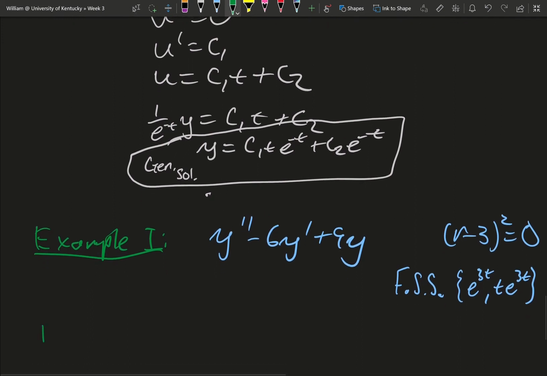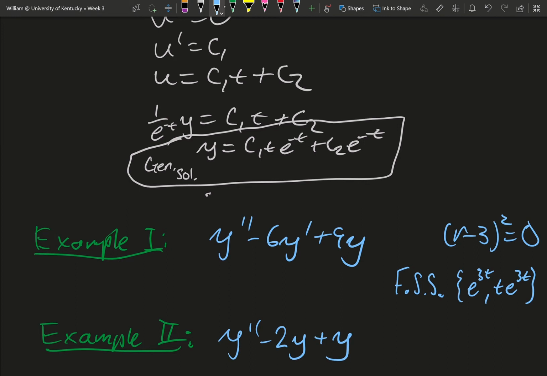For the second one, we had y double prime plus 2y prime plus y equals 0. We got r plus 1 squared equals 0, so our root was r equals negative 1.